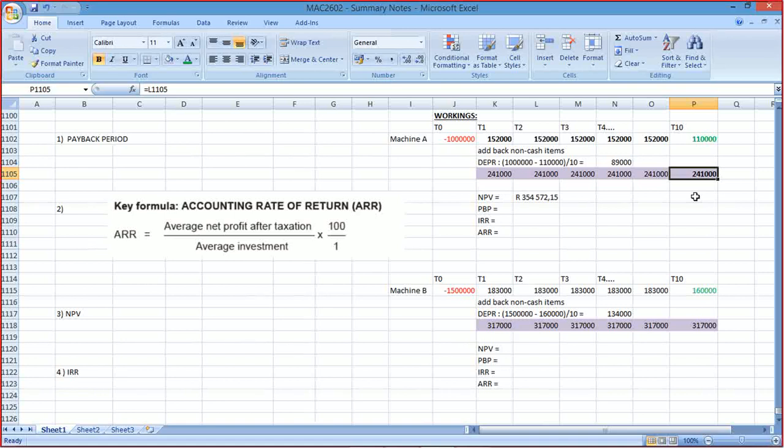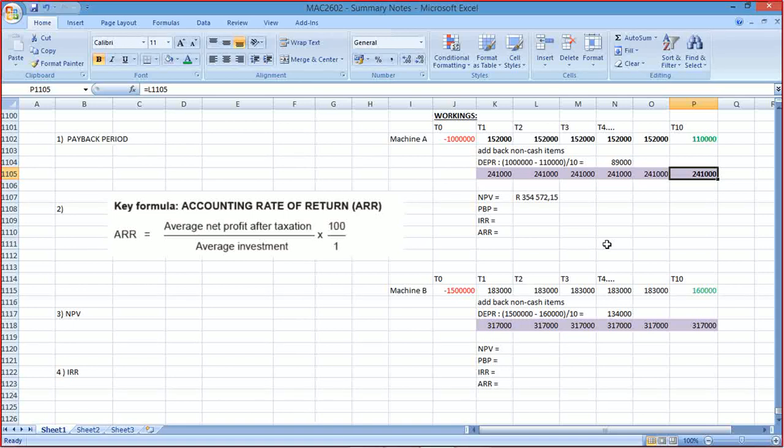12% was my I. Second function NPV. For machine A, my NPV was 105,000. That can't be right. Let's check it. It's not. Okay, 12%. Initial investment minus 1 million.